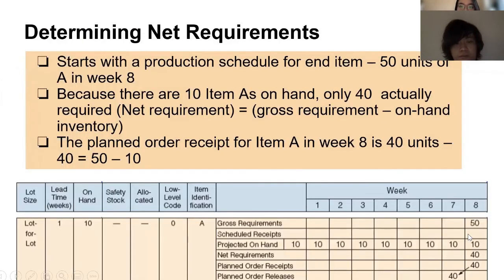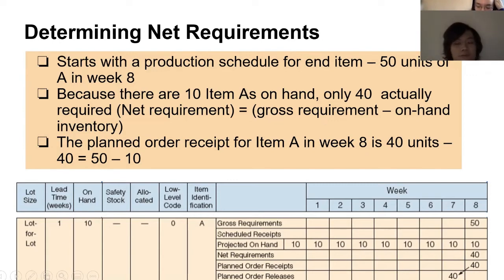Okay, and we have already reached our final product, which is item A, and when it should be planned release, plan order receipts is completed. Okay, 40 is completed, receipts and plan order release.